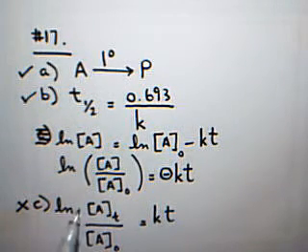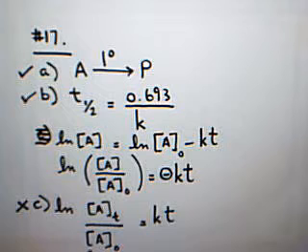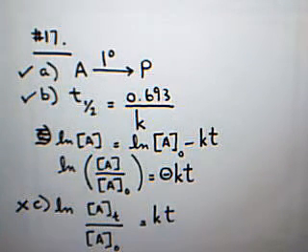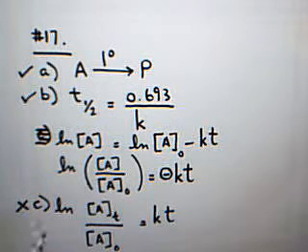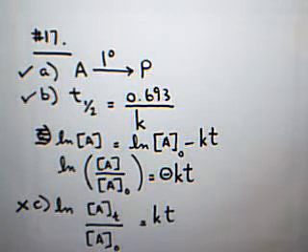Now we could also argue that since they didn't put these brackets here, that was really just the ln of A at time t divided by A initial. And I'll be careful on the exam to use brackets appropriately so that that wouldn't be ambiguous to you. But we'll say that it's incorrect because they've simply forgotten the negative sign.